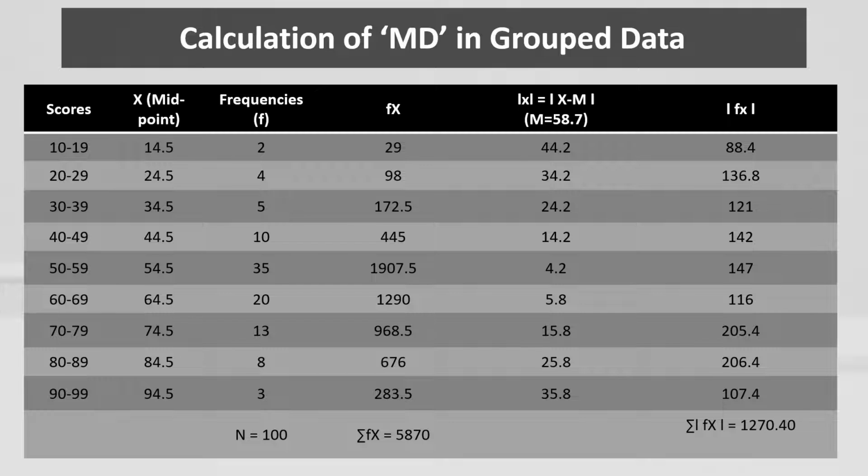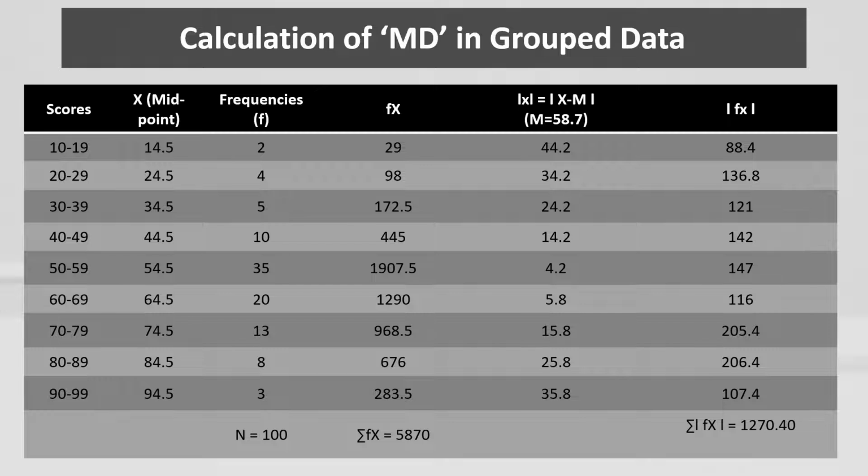For calculating average deviation in ungrouped data, first you should calculate the mean. We know the formula of mean is summation of x upon n. So you have to add all the individual scores and divide by 10, because the total number of scores is 10.